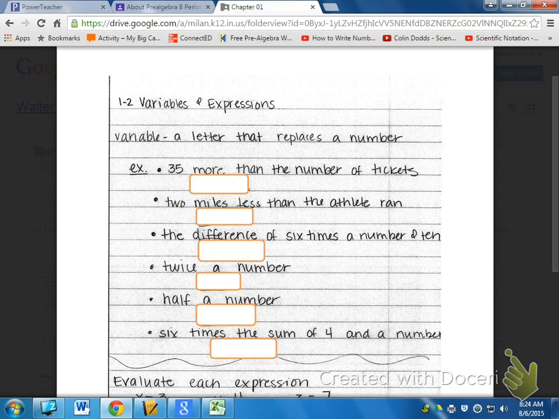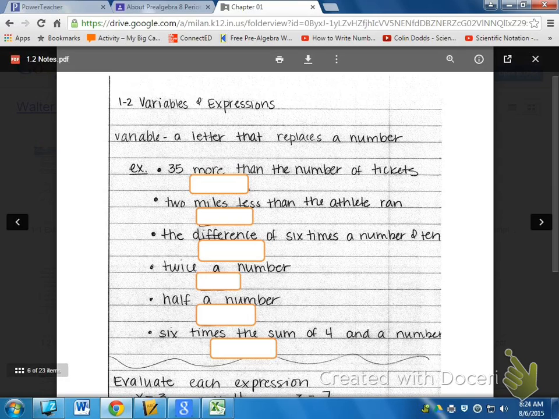T. So we're going to say 35 more than T. How would that look, Tori? 35 plus T. Now it's addition, so that's acceptable, or it could be T plus 35. Either one of those would work.